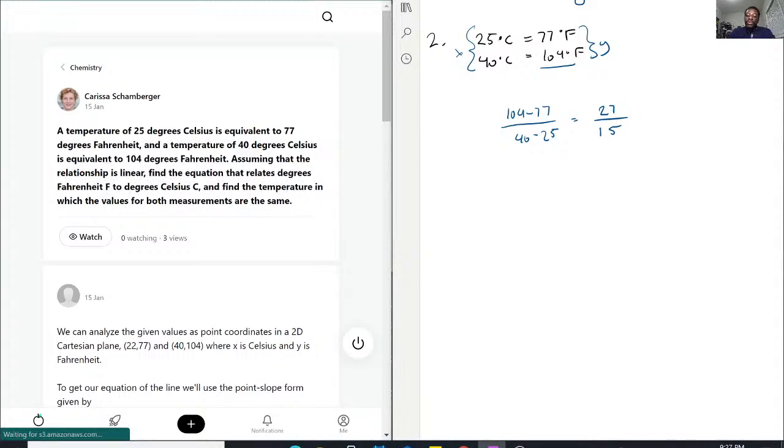So for every 15 x difference, there is a 27 y difference. And if we simplify this, I do believe we get 9 over 5. Yes, we do. 9 over 5. Okay, that is the most simplified form. And this would be the m, the slope. So whenever x increases by 5 degrees Celsius, there's a 9 degree change in Fahrenheit.